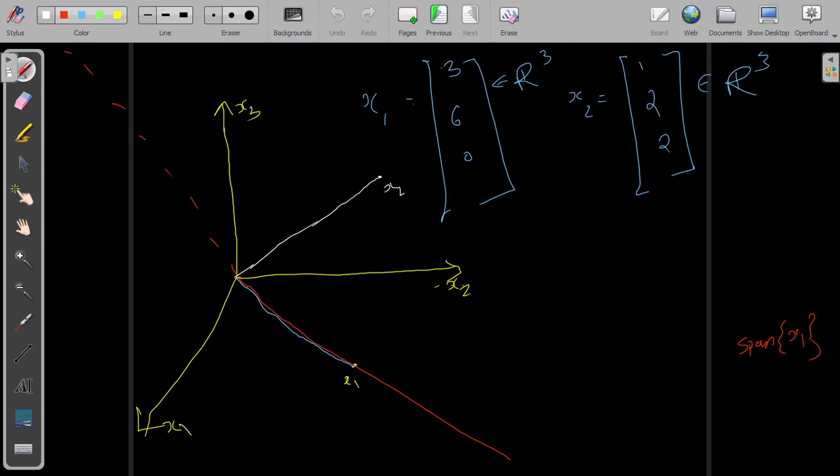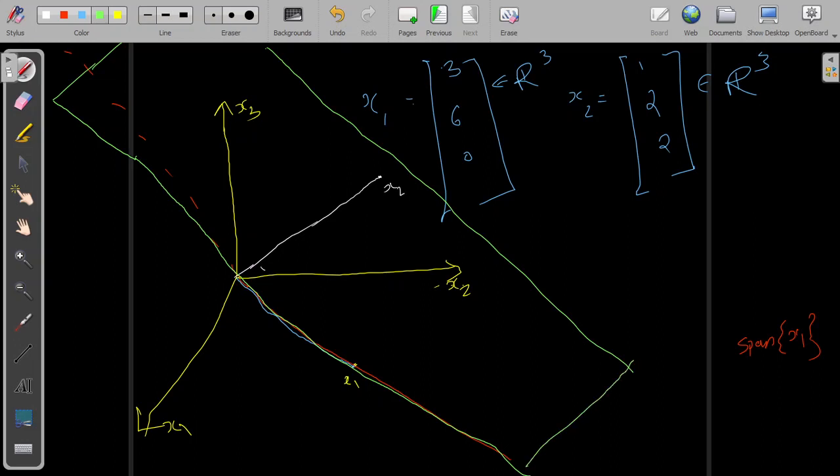So x1 is there, x2 is there, and so w will be like this, the green line, and like this, containing the x2 point, containing the x1 as well as the x2 vectors.